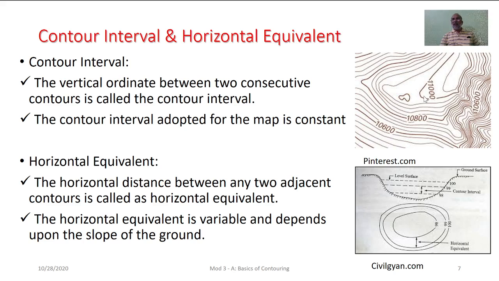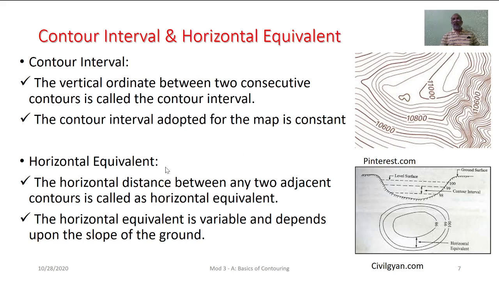With common sense, the vertical ordinate in between two subsequent contours is nothing but the contour interval. Whenever we are dealing with one map, it has to have a uniform contour interval. Whereas, as we consider two subsequent contours, say for example, this is our intermediate contour and this is our index contour, in plan, the horizontal distance in between these two contours will be considered as the horizontal equivalent.